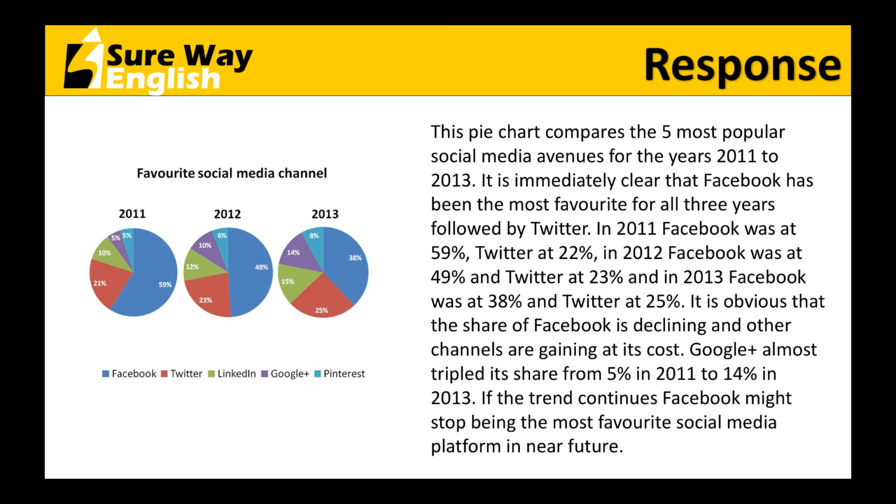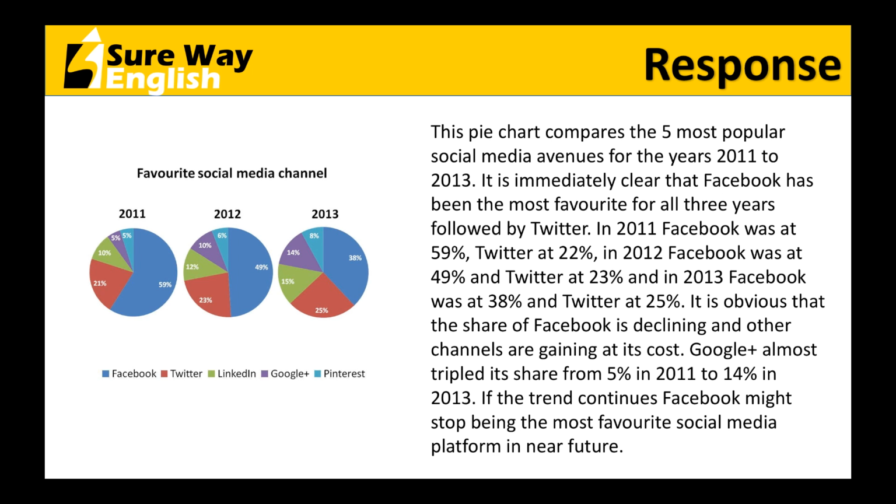And in 2013, Facebook was at 38% and Twitter at 25%. It's obvious that the share of Facebook is declining and other channels are gaining at its cost. Google Plus almost tripled its share from 5% in 2011 to 14% in 2013. If the trend continues, Facebook might stop being the most favorite social media platform in near future.